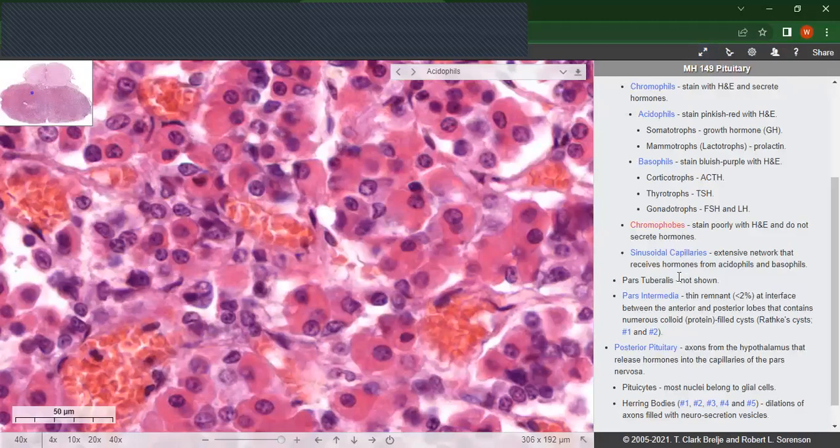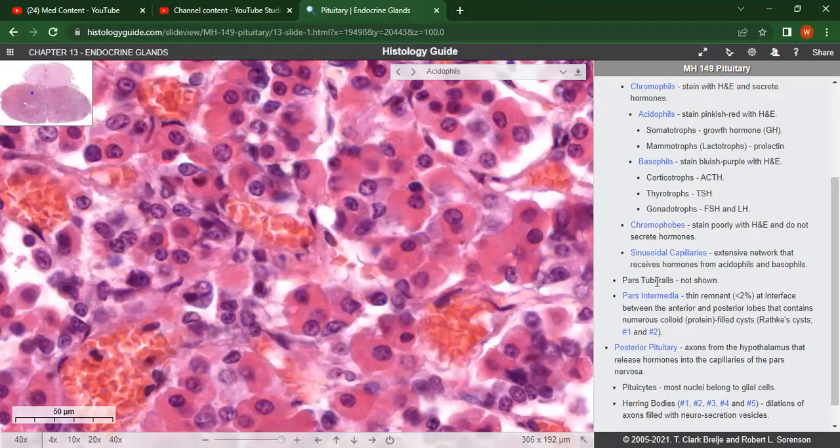Let's remember the parts of the adenohypophysis, as I had told you. We had pars distalis. Pars distalis, in fact, is the one which we were looking at. It has those cell types, the chromophils and the chromophobes. The chromophils are either acidophils or basophils. Then we had pars tuberalis, not shown here.